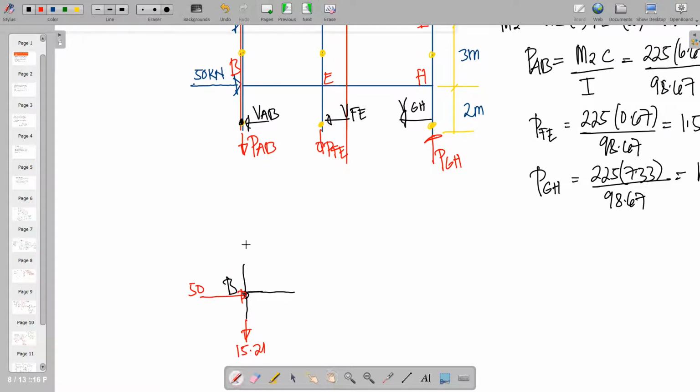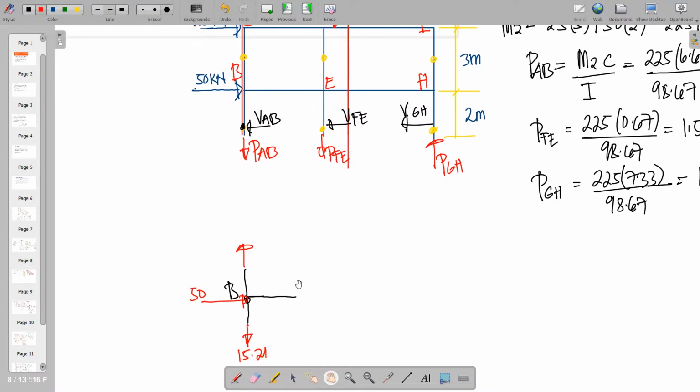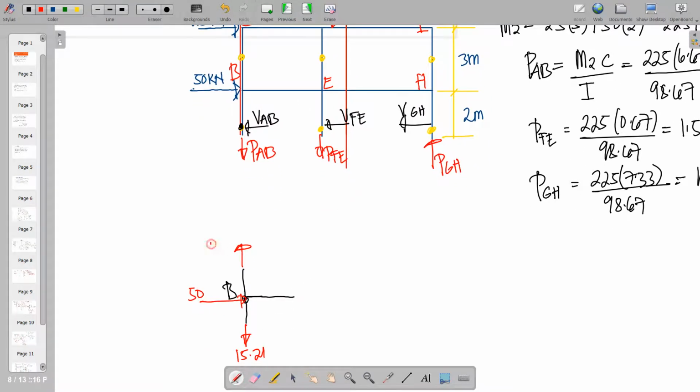And then also we have here upwards VBC. See, this is the unknown VBE and EBE.